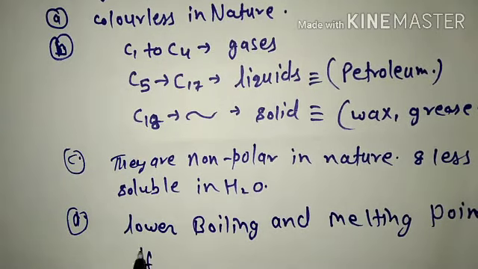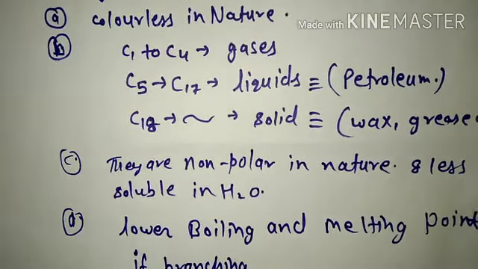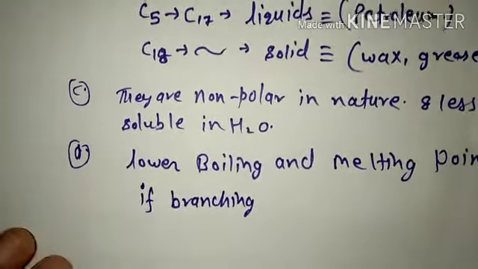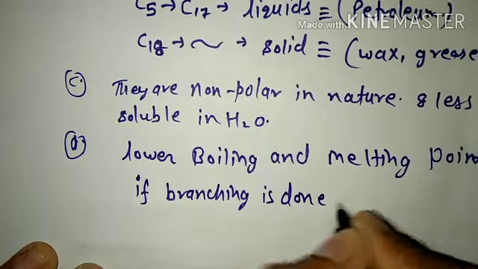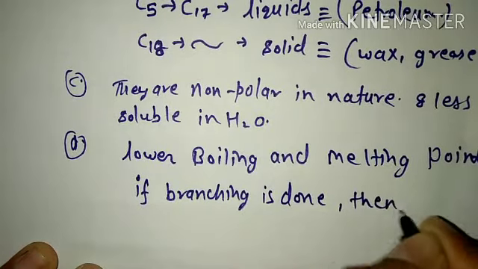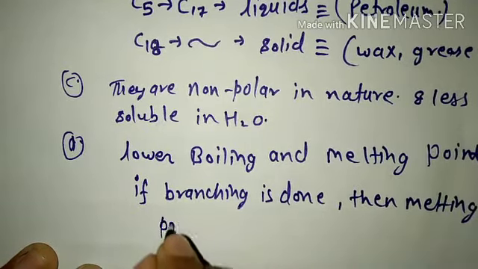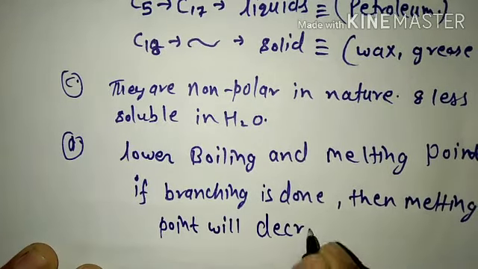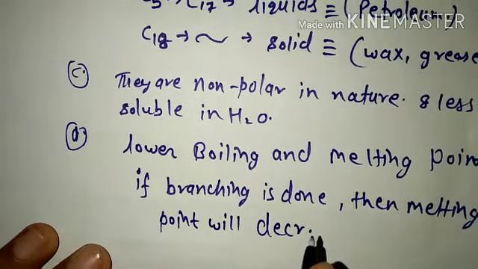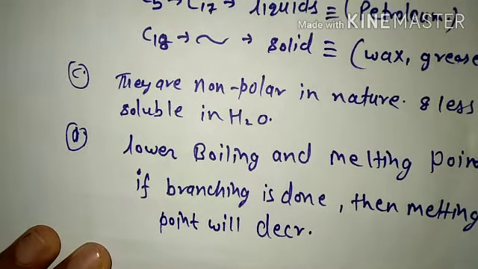If branching is done in this case, then melting point will decrease. This happens because of non-close packing of the alkane molecules.